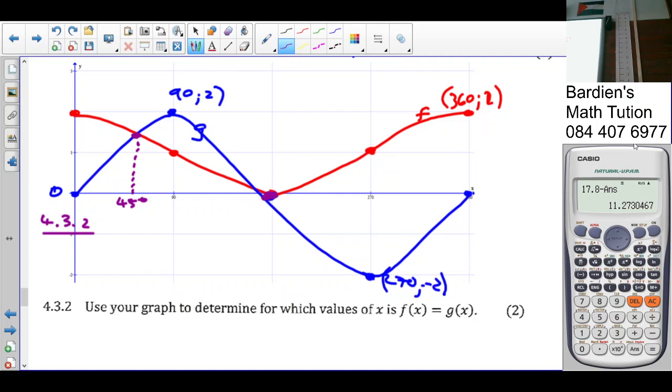At that point here. Okay, my drawing is not that good. Both are going through 180. So x is equal to 45, 180, and where else? That's it. It will definitely intersect as this graph carries on, but from the graph you can see that those are the 2 points.